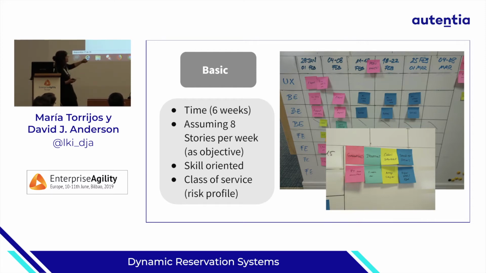And we started with 8 stories per week, which was basically translated into the number of people that we had in the team. As you can see, it's 1 ticket per person per week. Sometimes we were delivering more, sometimes less, so that's why this system is not like a Gantt project planning. It's alive, it's flexible, it's moving on a weekly basis, and we constantly learn from that.